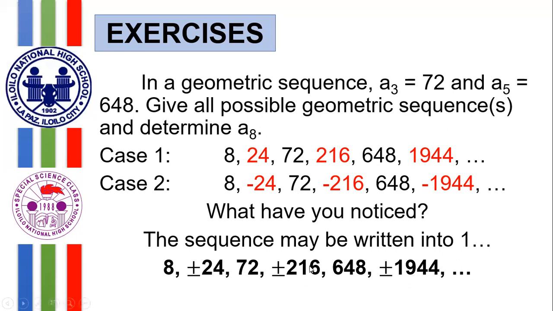If you will write your final answers in this way, that's correct. But if you write them into a single expression like this, it is also correct. Okay? So choose either this method or this one. They are both correct. I hope you got it.